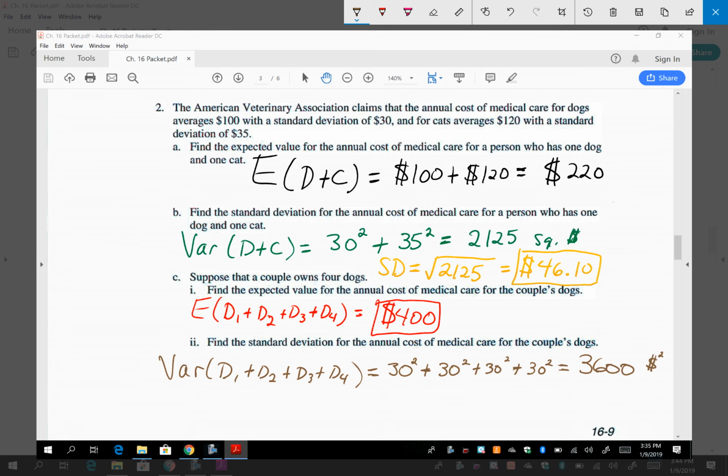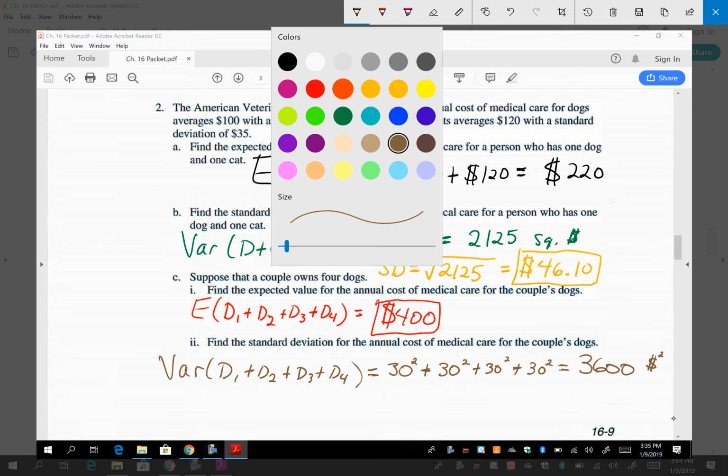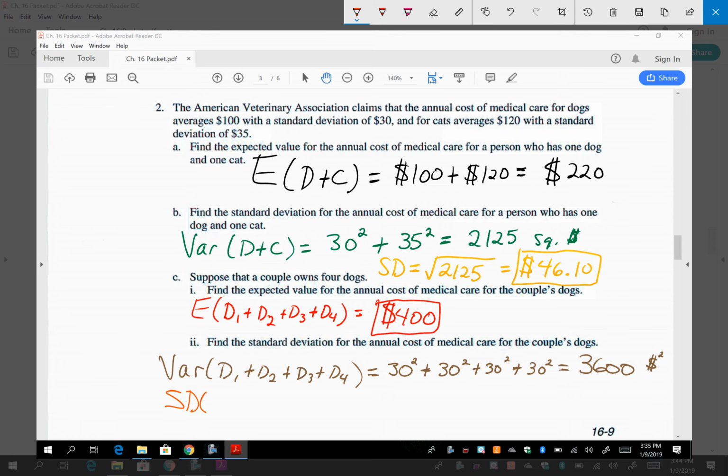So let's find the standard deviation instead. The standard deviation for 1 dog, 2nd dog, 3rd dog, and the 4th dog is the square root of 3,600, which is $60.